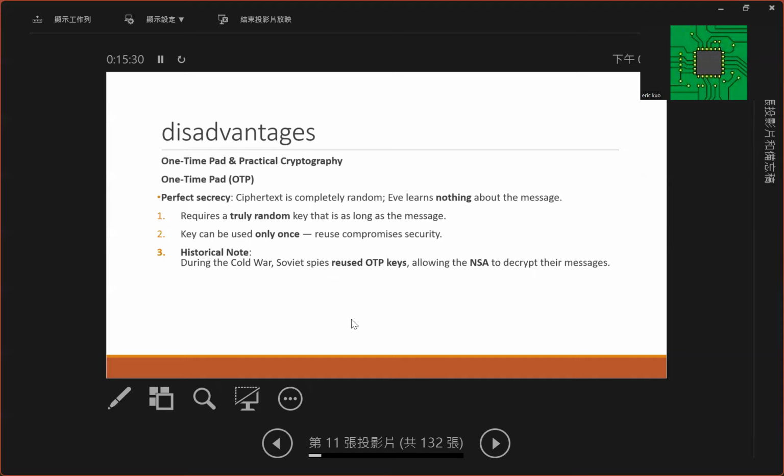This is indeed used, but the practical limitation is that you need a trusted channel to exchange keys, and it is impractical for large or frequent communication because the keys run out.